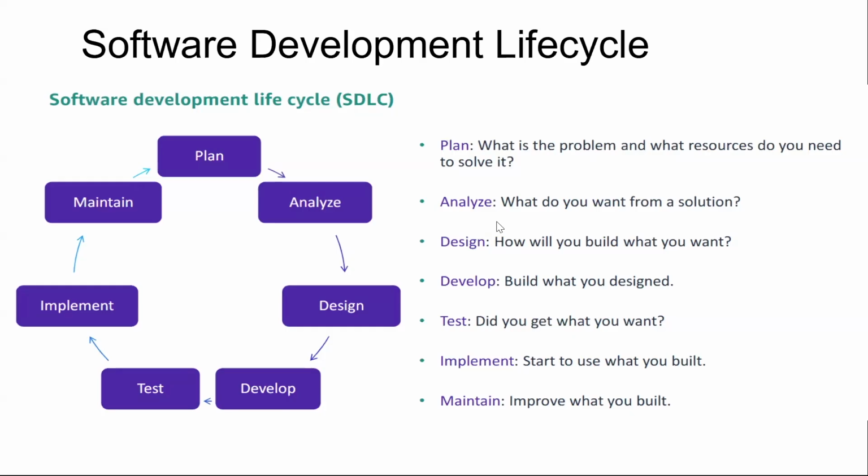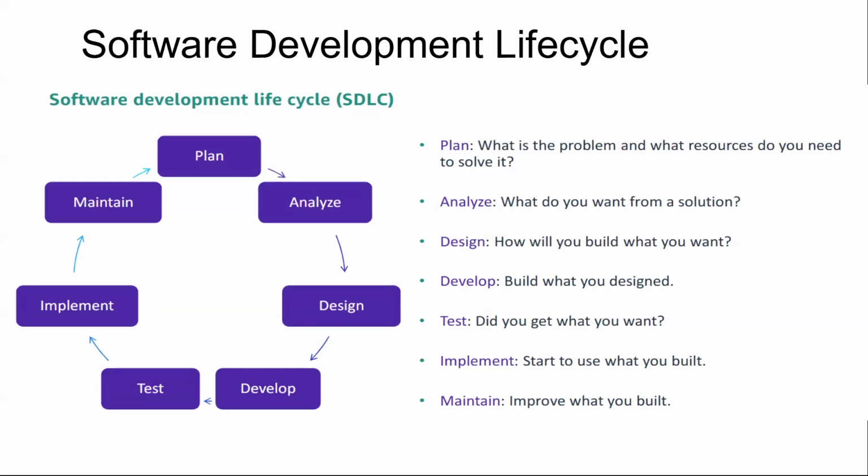What are the things you're doing? You're planning what they actually want, whether it's a food app, an e-commerce website like Flipkart, a sales website, or a website for booking a movie ticket or a flight ticket. What type of website is it, what do they require? So you're analyzing it.